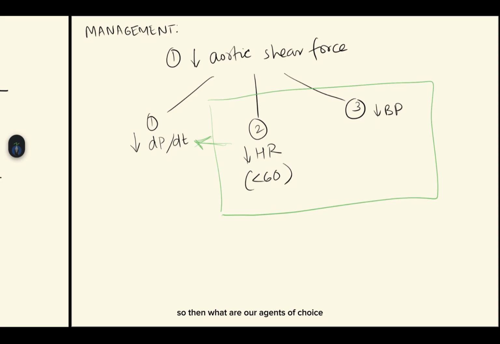So then what are our agents of choice? One drug that reduces both effectively are beta blockers. This is the preferred treatment, right? Because it reduces the heart rate, decreases the contractility, and also reduces the blood pressure. The drug that is most talked about is esmolol.